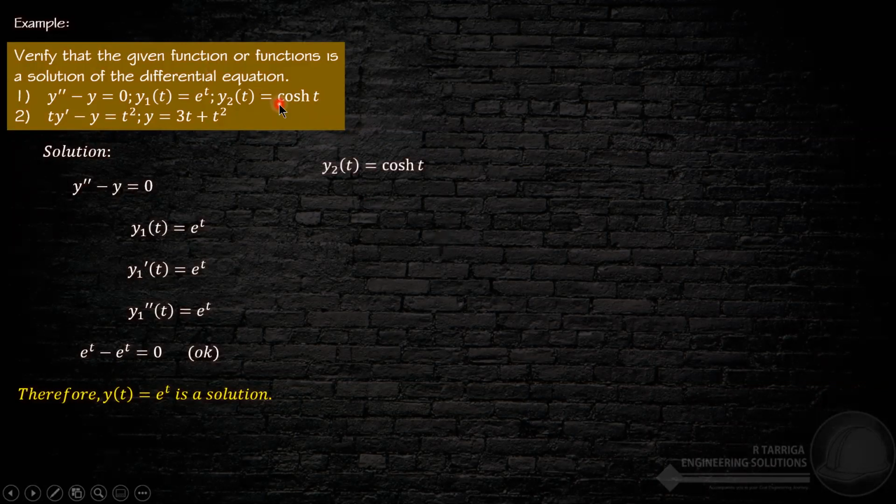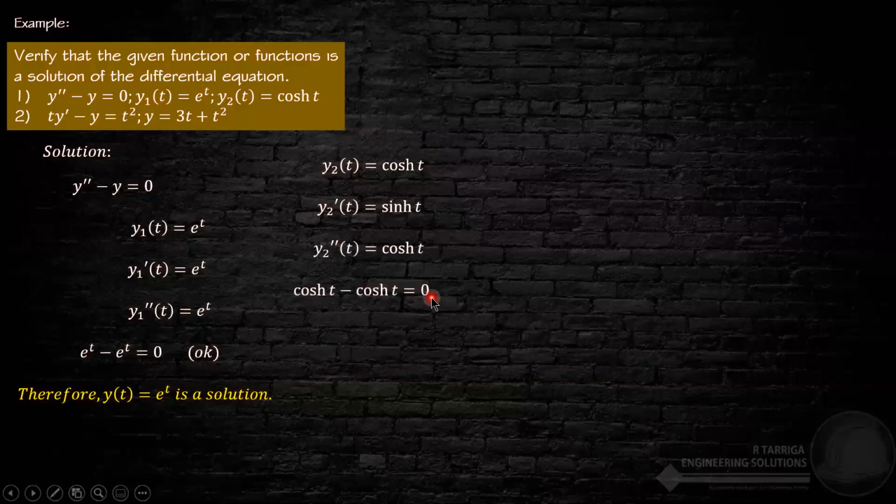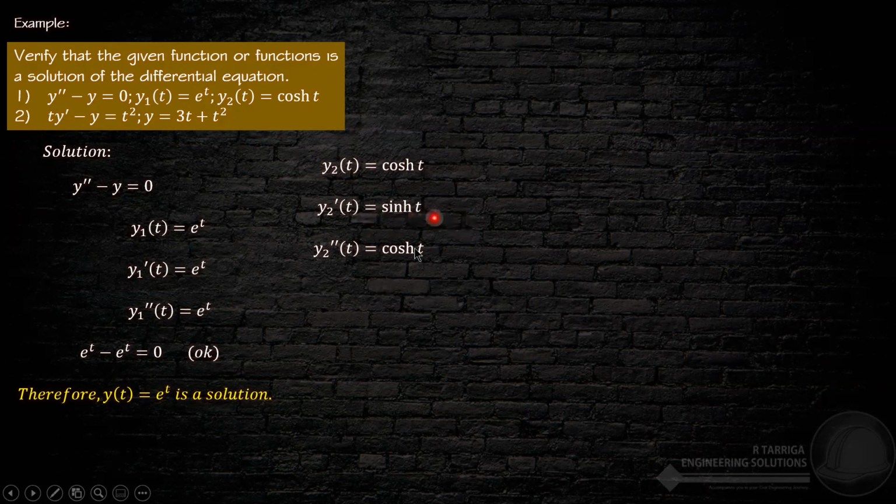Next would be the second one, the hyperbolic cosine. If you differentiate a hyperbolic cosine, it will become hyperbolic sine, still positive. Check that in your calculus. It is there in calculus, so I did not show it here because we will be focusing on differential equations. You will cover that anyway. So the derivative of hyperbolic sine is hyperbolic cosine.